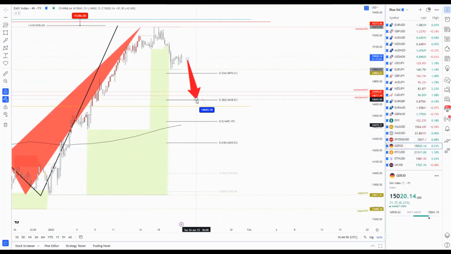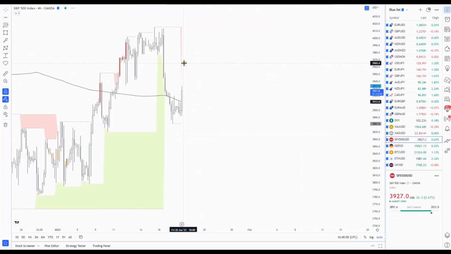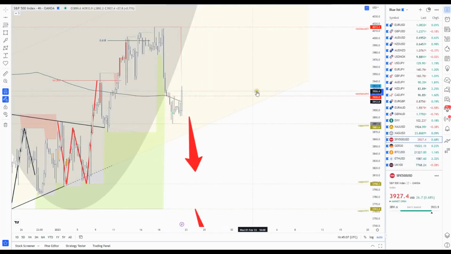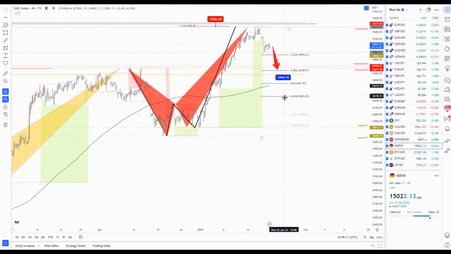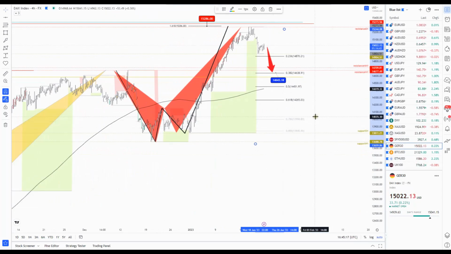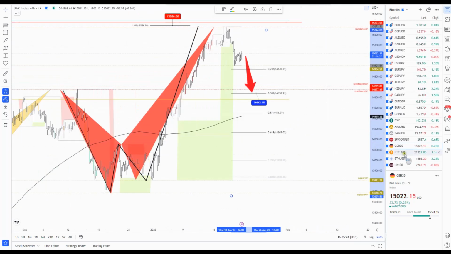So only two options: while the DAX moves down, the SPX moves down together with it or moves sideways. At this point I need to see the German DAX pushed at least to the 38% Fibonacci retracement level, and one thing implies the other. The SPX will move sideways or will move together with the DAX.